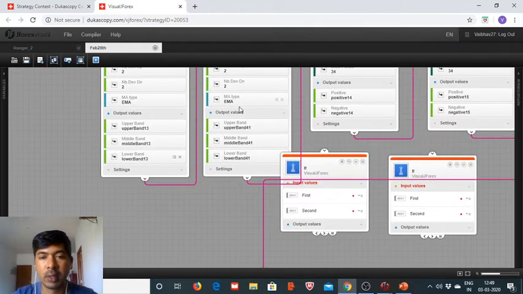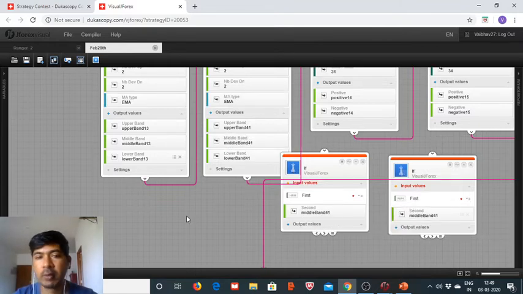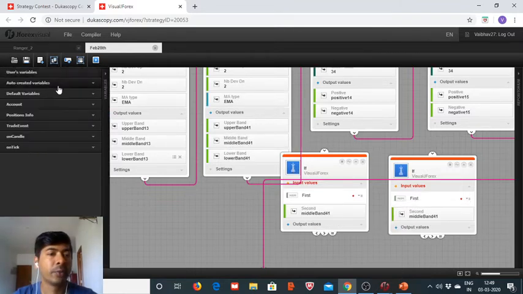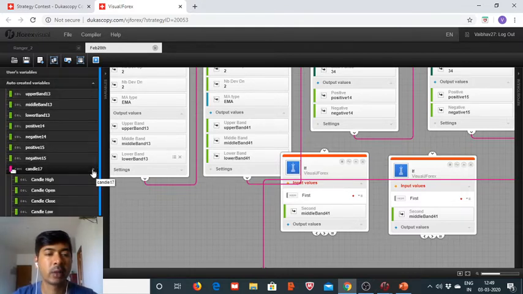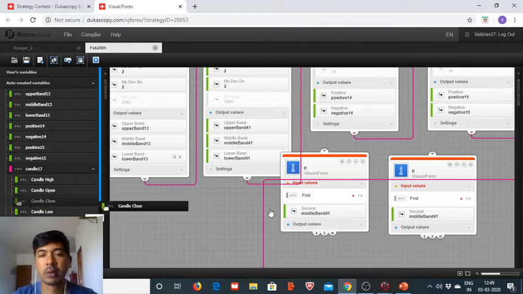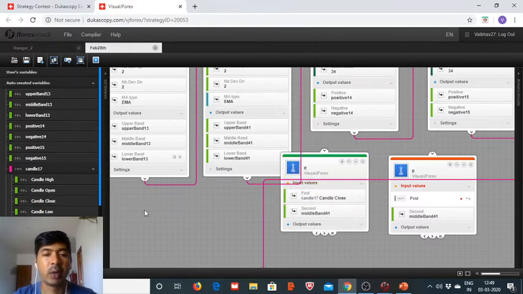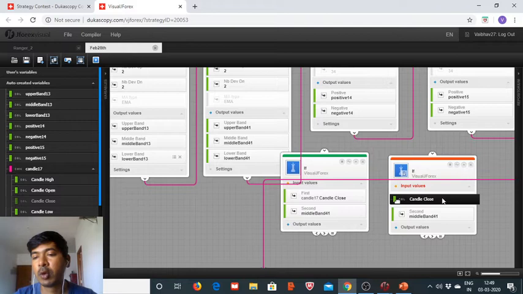So we put in the middle band here and we compare it to the candle 17 candle close. The candle close should be above the middle band, and for the other side, the candle close should be below the middle band.